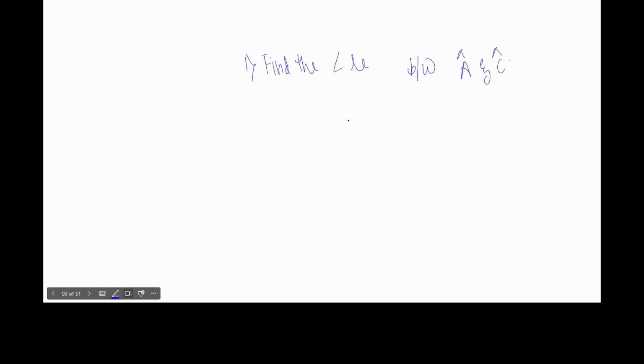Let me clear the screen and draw the diagram. So this is my vector B, this is my vector A, and this is my vector C. Don't get confused, both C and A are unit vectors, so I can also write them with a cap. So go ahead, pause the video for a minute or two and solve this question. Give it a try.